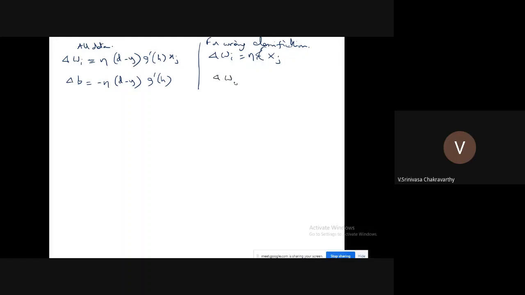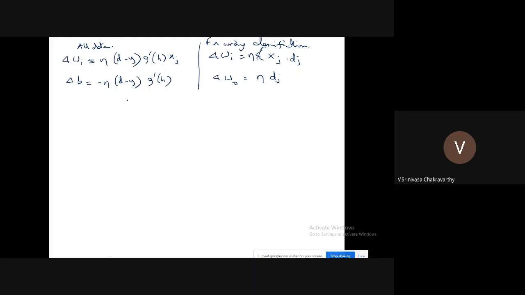Okay, so it will work out to be identical to the previous case. So you have xj times dj. Now in this case, you see there is a minus theta here. There is plus theta there, and that is because in case of linear discriminant function, we had w transpose x plus w naught, whereas in case of this neuron, we had w transpose x minus b. So that is why there is a difference in sign here.